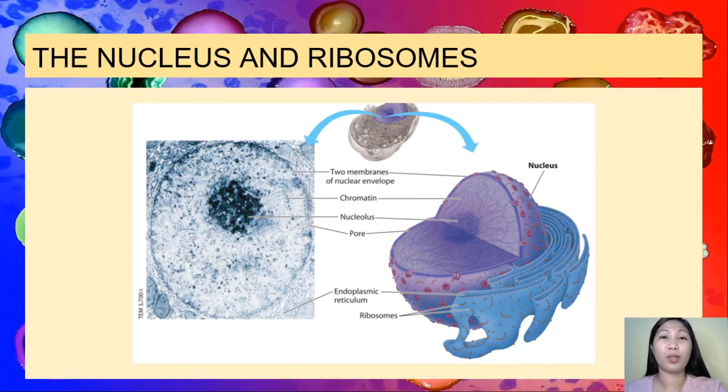Let's move on to the ribosomes. If the nucleus is the command center, then ribosomes are the machines on which those commands are carried out. Ribosomes synthesize proteins. The nucleus directs protein synthesis by making another type of RNA, which is the messenger RNA.